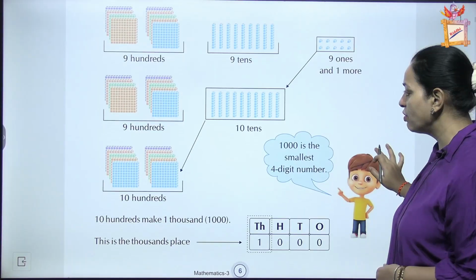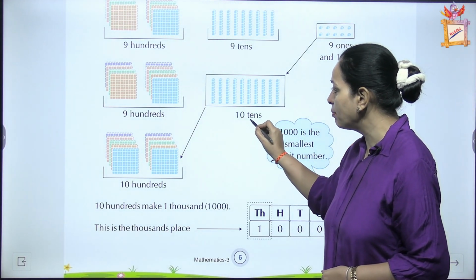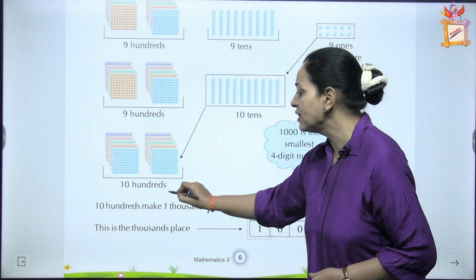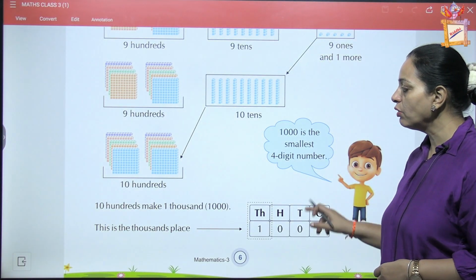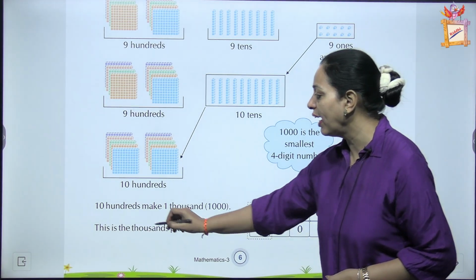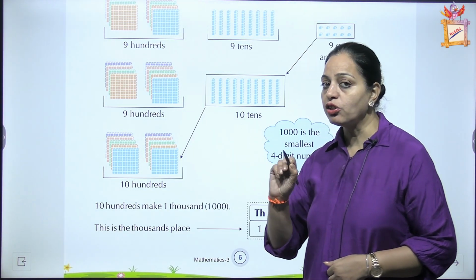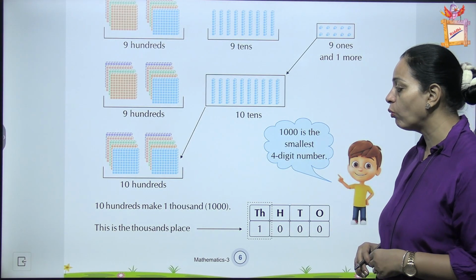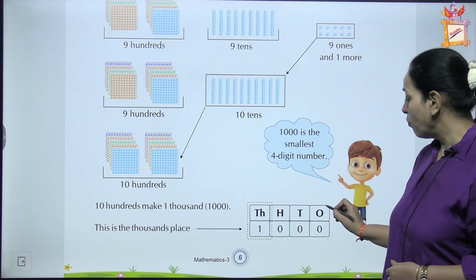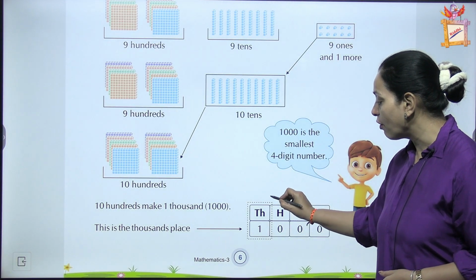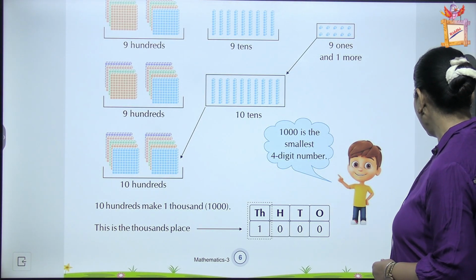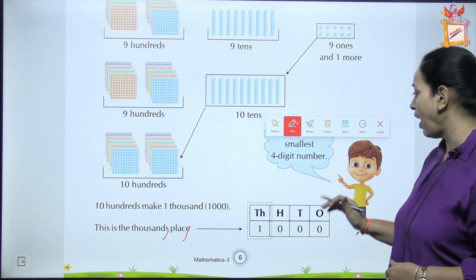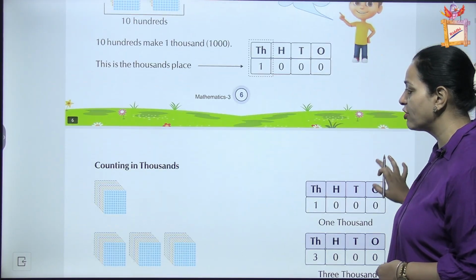Now see my dear children, these 10 tens become 100. So 9 plus 1 means 10 hundreds. You will get 10 hundreds, which means 10 into 100, so you will get 1000. You know ones, tens, hundreds, this is the 4th place. This is said to be 1000, the thousands place. I hope this is clear to you, my dear children.